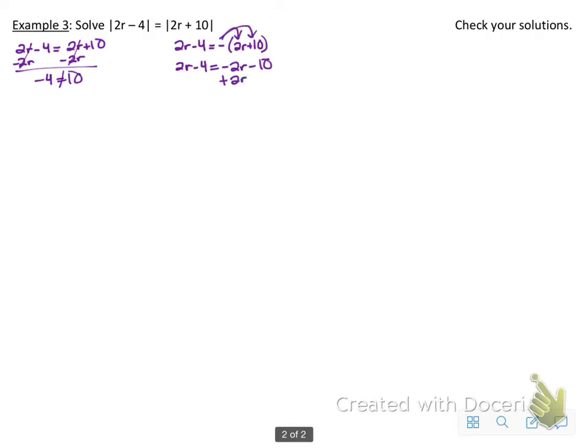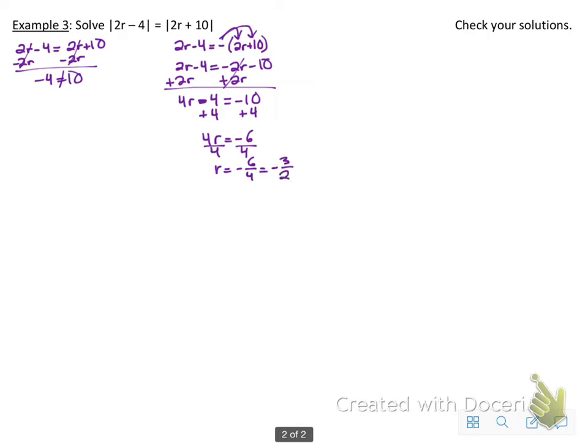We add 2r to both sides. Those go away, and we get 4r minus 4 equaling negative 10. We add 4 to both sides, so that 4r equals negative 6, divided by 4, and r equals negative 6 over 4, which can be simplified to negative 3 over 2.